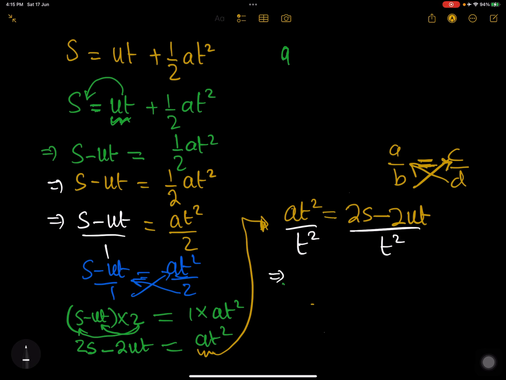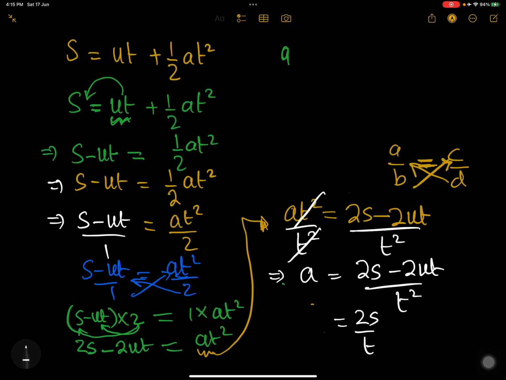And we are going to get a equal to, this is going to cancel that. So a is going to be equal to 2s minus 2ut all over t squared. Some people can write this as 2s over t squared minus 2ut over t squared. All right?